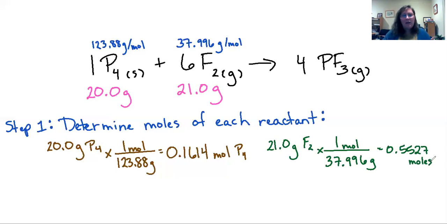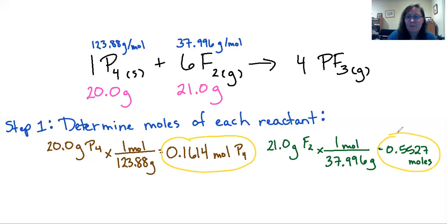Now we need to compare the moles that we have. We need a 1:6 ratio of phosphorus to fluorine. So we have to ask, is our fluorine 6 times greater than our phosphorus?